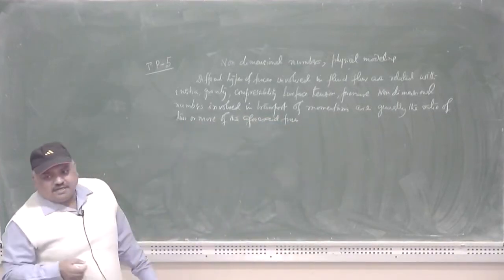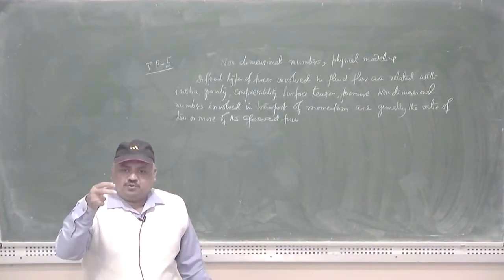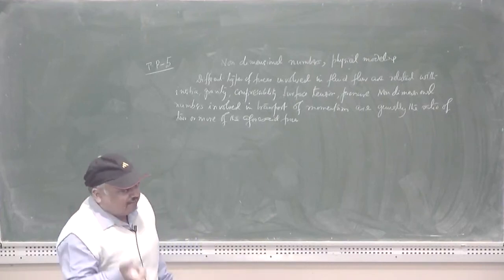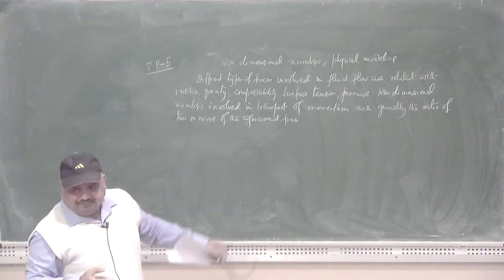In many dimensionless numbers we will find force 1 divided by force 2 into force 3 by force 3, again it is a dimensionless number. That is why I am saying there is involvement of two or more of the aforesaid forces.